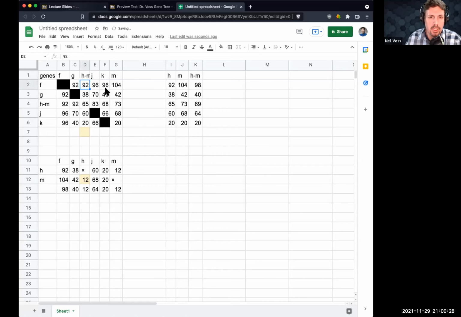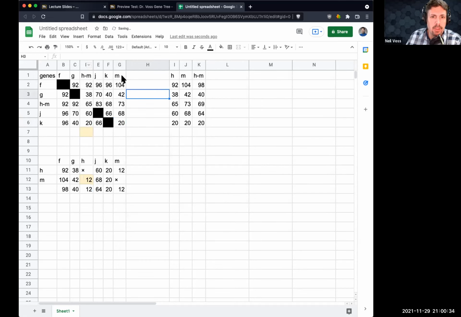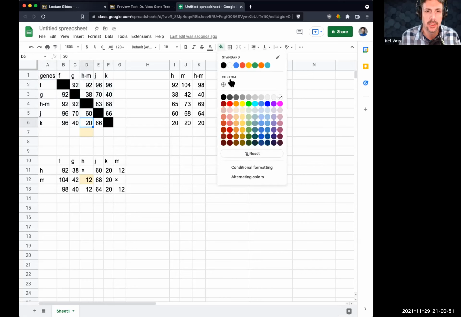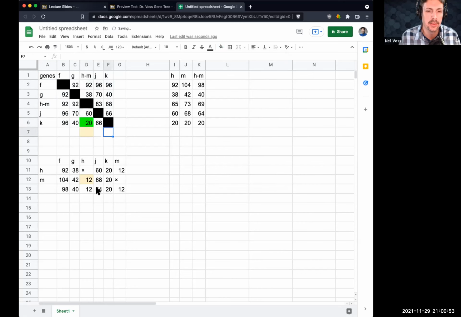I copied those over. Are these still formulas? No? Okay. And then I can delete that. Anyway, I don't know where I went wrong, but that number should have been 20, because that's the number here. So this is my new smaller chart, and I've connected H and M. All right. So the next number to get connected is HM to K.